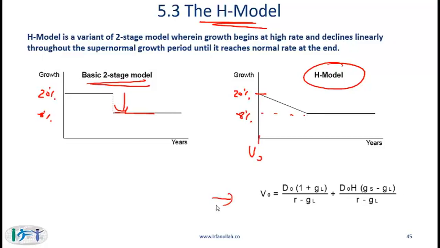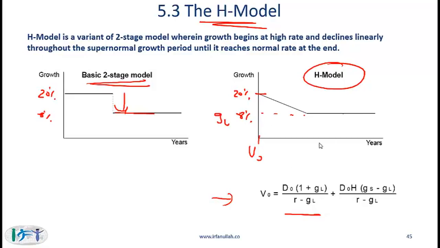This is the formula, and I will help you remember this formula. This formula has two parts. The left side, D naught into 1 plus GL over R minus G. The GL stands for the long-term growth rate. And then everything else here is obvious. D naught is the dividend at time 0, so the dividend that's just been paid.